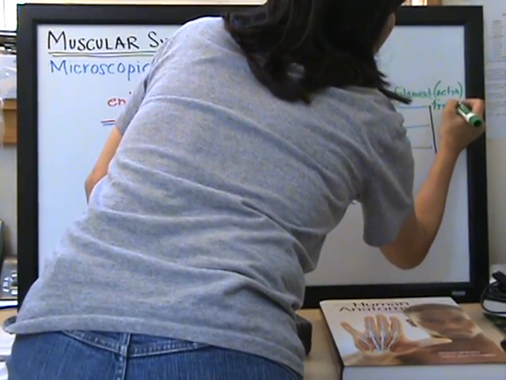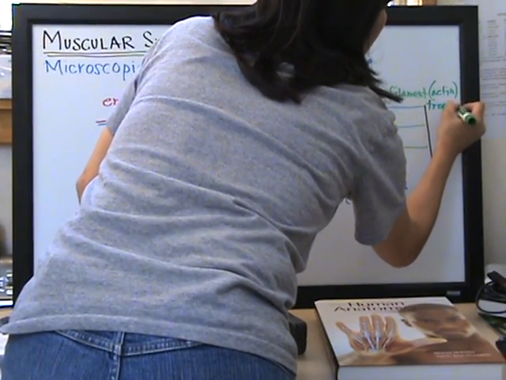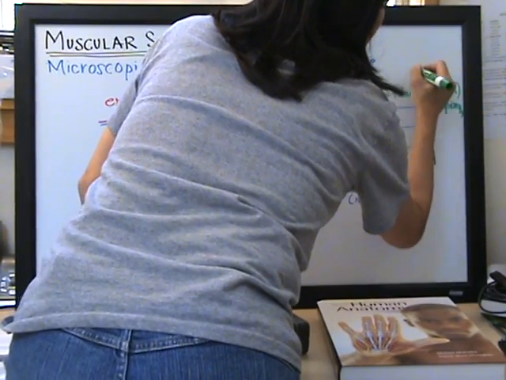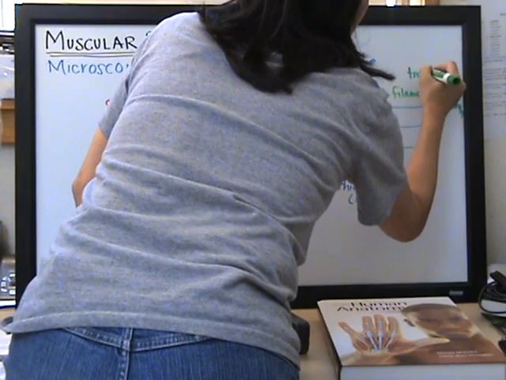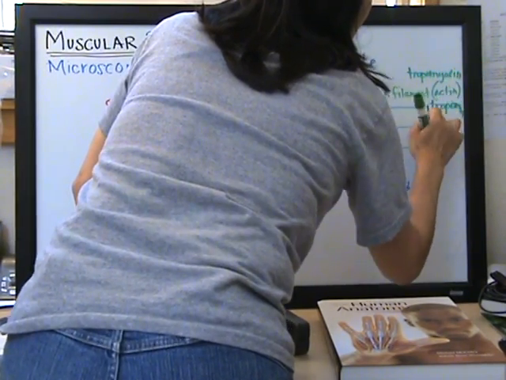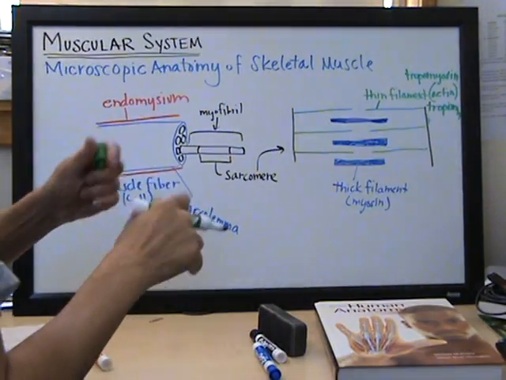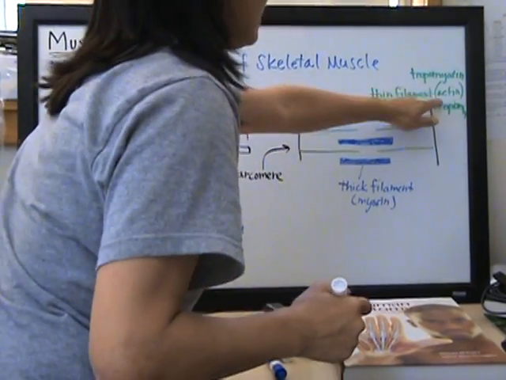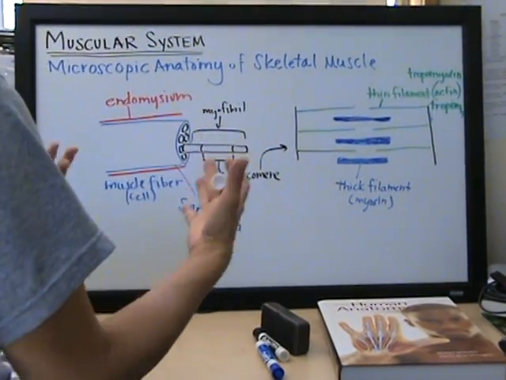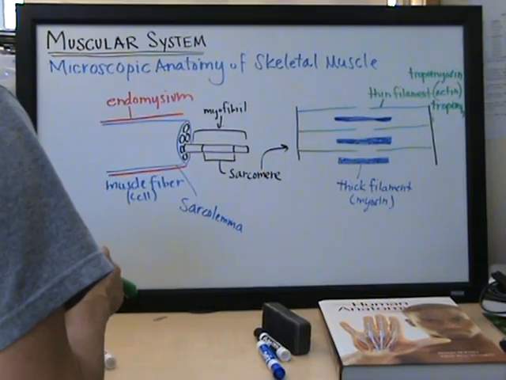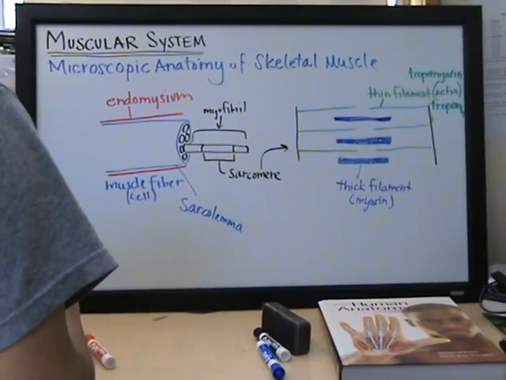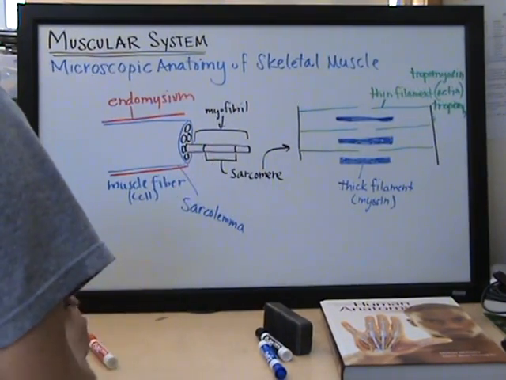Troponin, and tropomyosin. Okay, so the thin filament is made up of actin, troponin, and tropomyosin. And we'll take a look at how muscle contraction occurs in another video, but you need to know the basic anatomy.